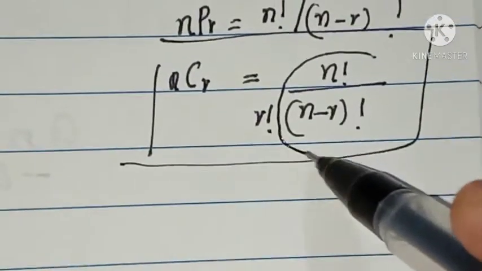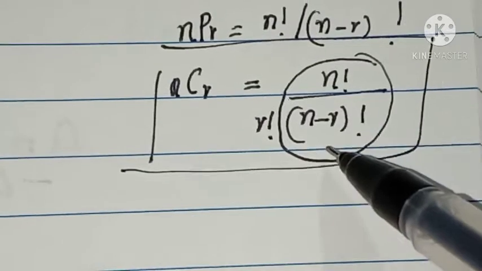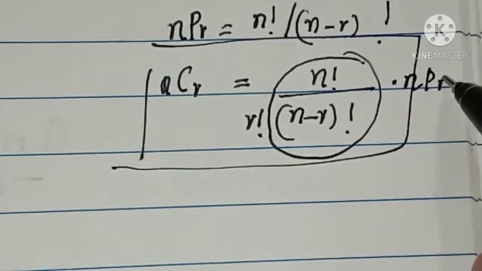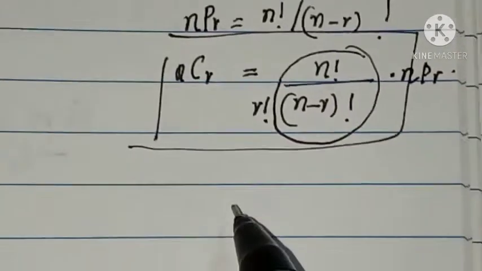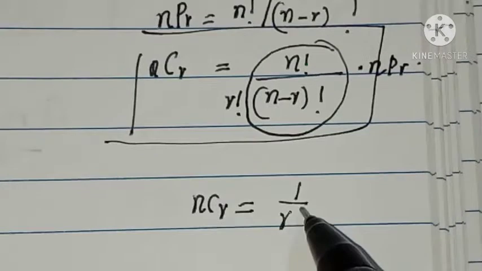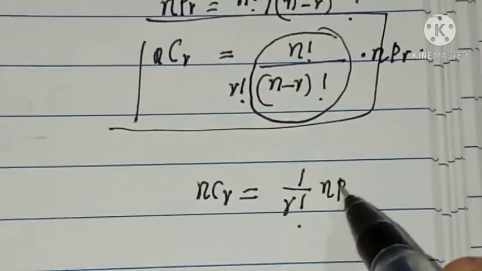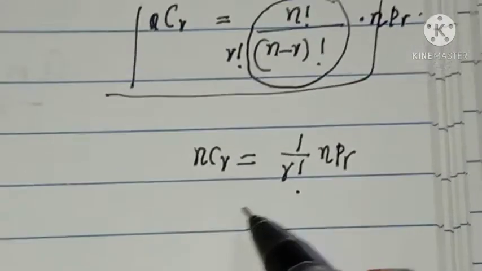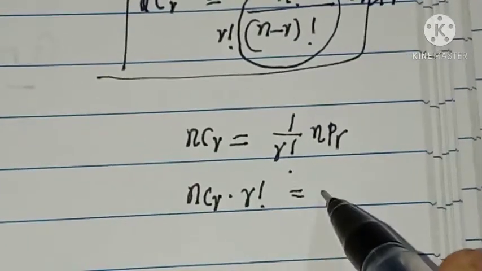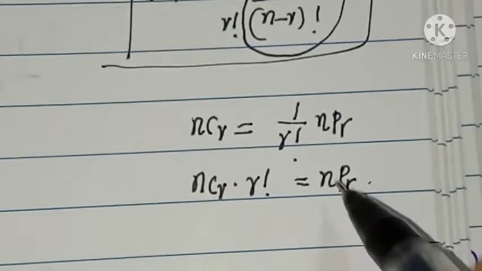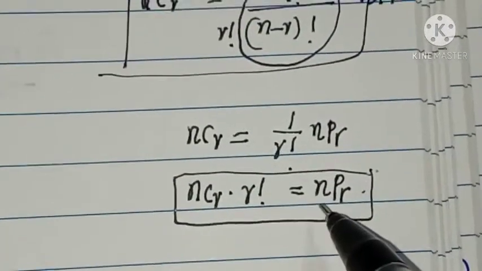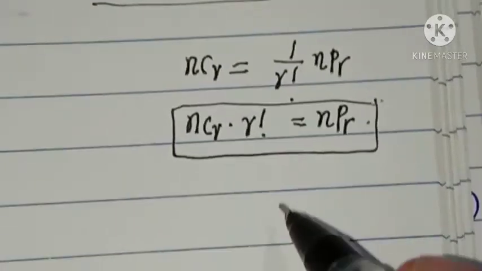This term, n factorial by n minus r factorial, is actually nPr. So from here we can deduce a formula: nCr is equal to 1 by r factorial into nPr, isn't it? Or nCr into r factorial is equal to nPr.